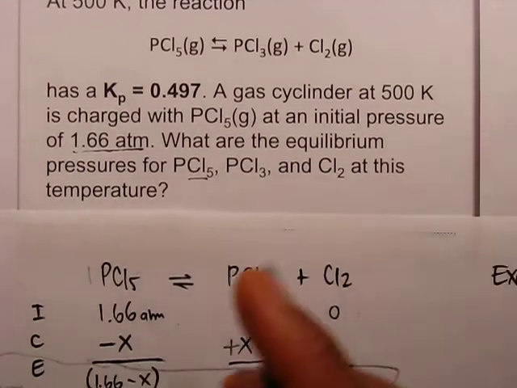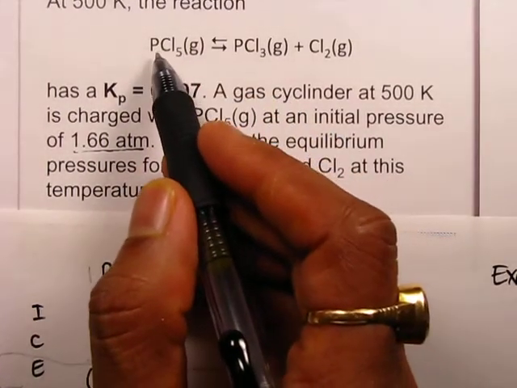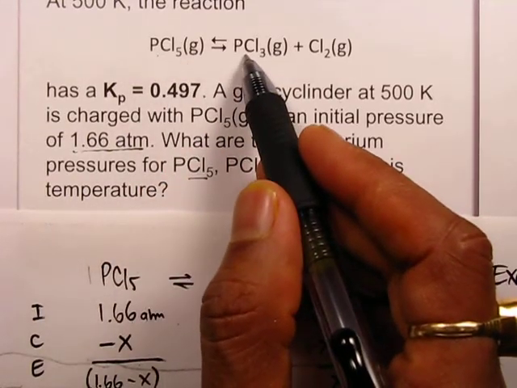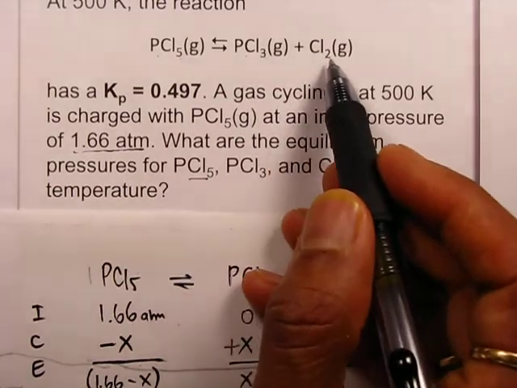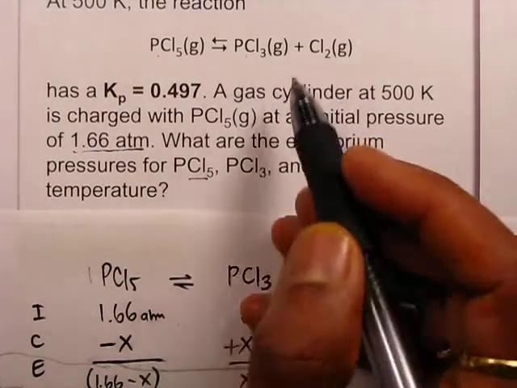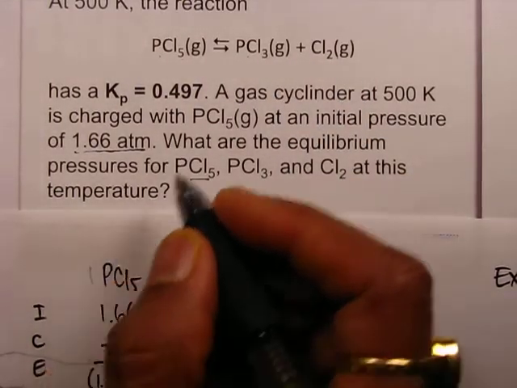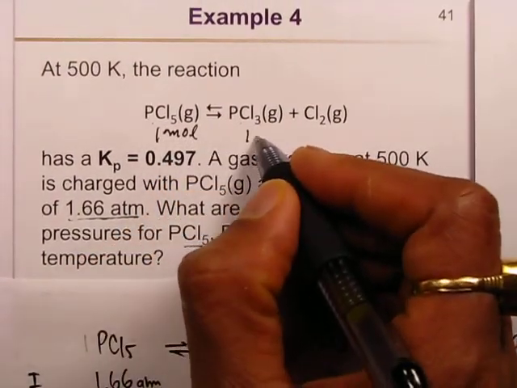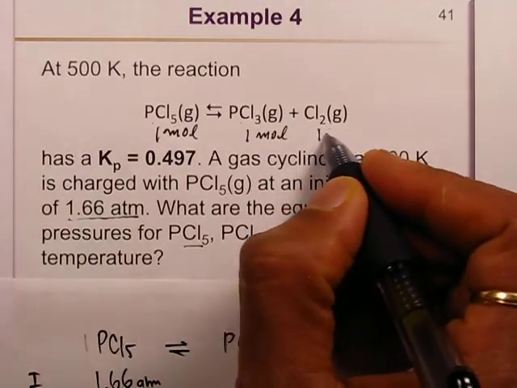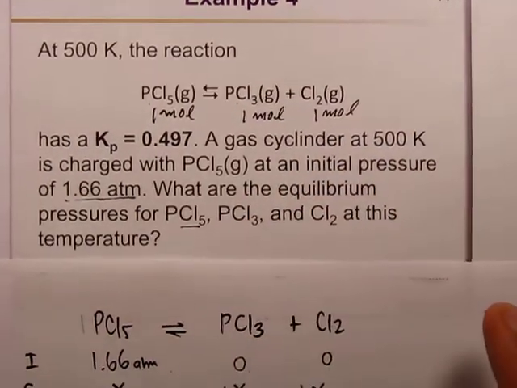This is a balanced reaction, and the molar ratio is 1 mole to 1 mole to 1 mole, so each is 1 mole.